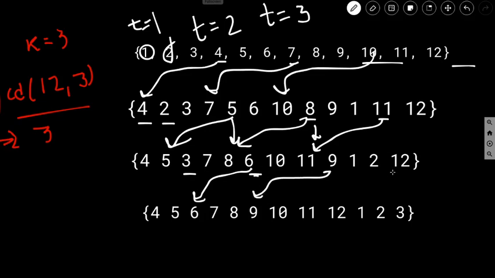And the last value is 12, and 12 will be at the place of 9. In place of 12 we will have 3. So we can see that in the final array all the values are shifted by 3 places. You have 4, then 5, 6, 7, 8, 9, 10, 11, 12, 1, 2, 3.